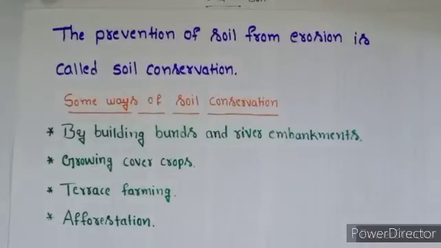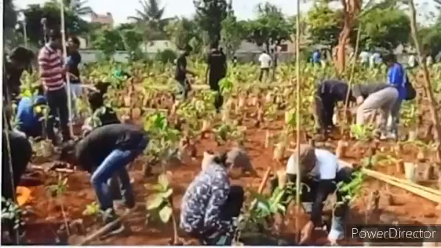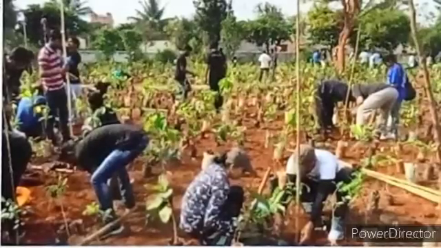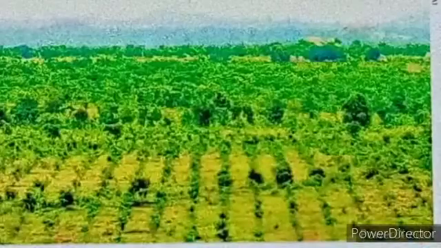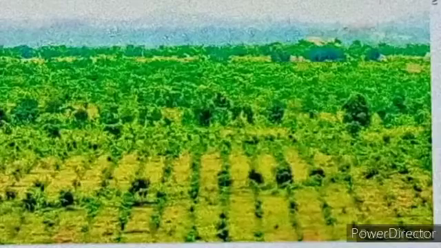Another way of soil conservation is afforestation. Afforestation is the act of planting more and more trees to increase the forest cover. It is an effective method to control soil erosion.